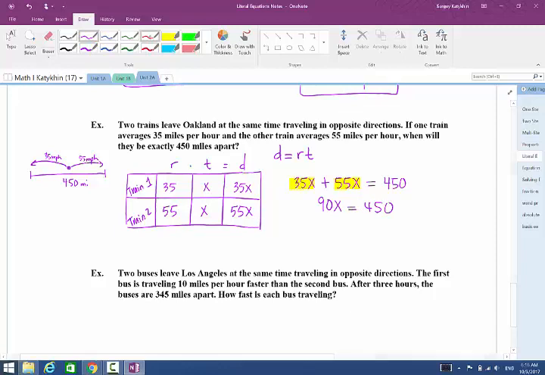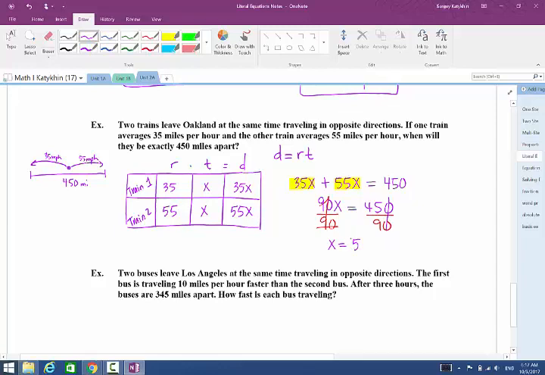Again, to get x by itself, since it's being multiplied by 90, we're going to divide by 90 on both sides. 90 divided by 90 gives you a 1. So our x is equal to, well, the zeros can simplify, and then you get 45 divided by 9, which is 5.